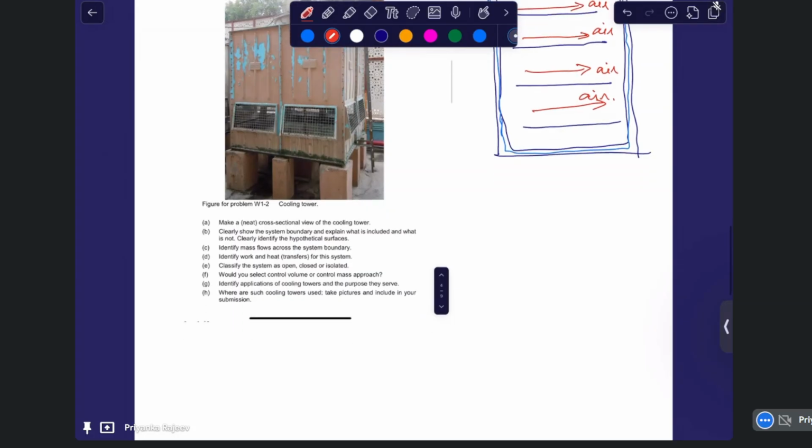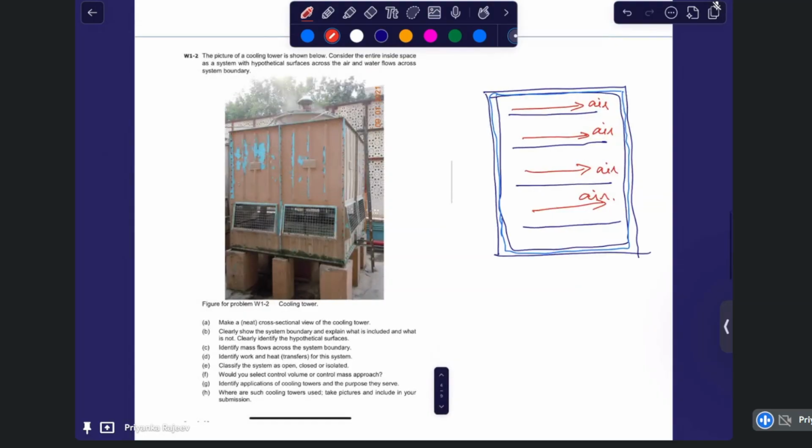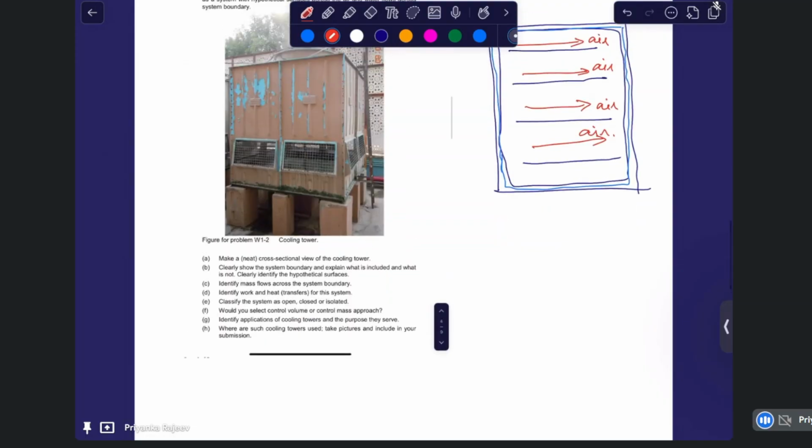Then mass flow across the boundary. If we are considering this water flowing, we can think of it this way also. If you're taking a side view, it will be like this. Water is flowing inside this frame.